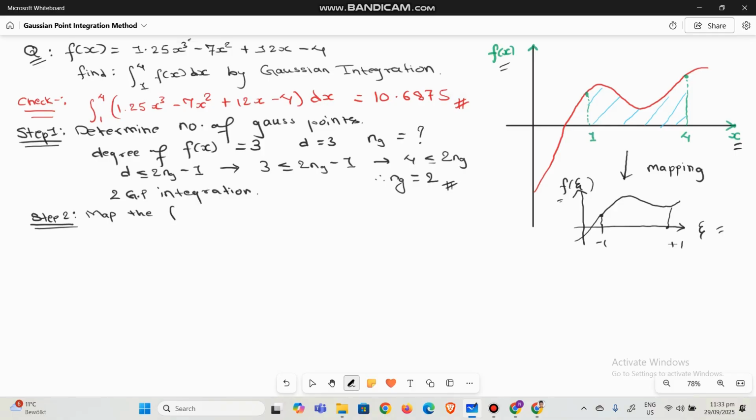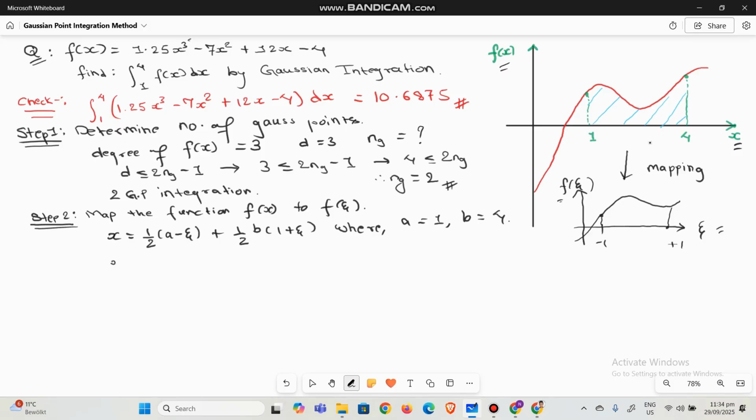Map the function f(x) to f(psi). Okay, and how are we going to do that is using the formula x equals 1 by 2 a (1 minus xi) plus 1 by 2 b (1 plus xi), where the value of a is 1 and the value of b is 4.